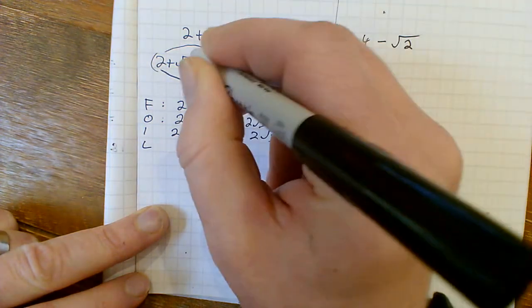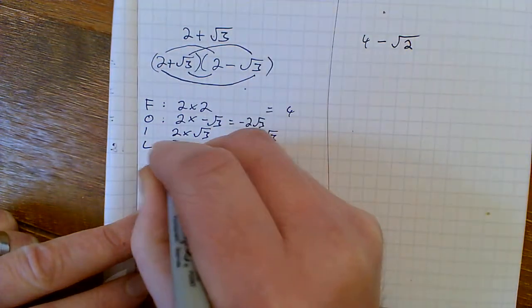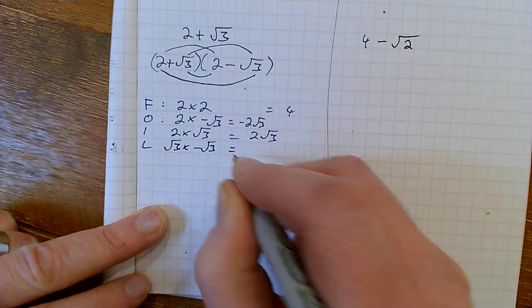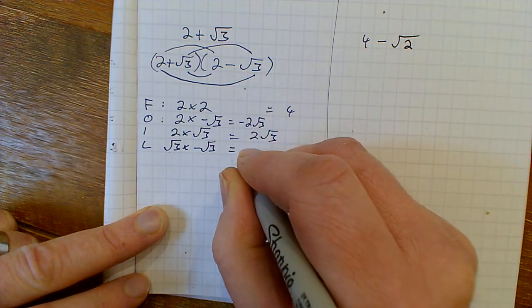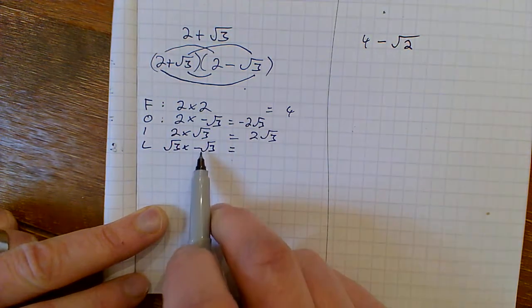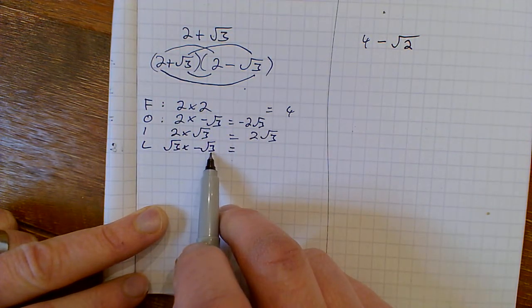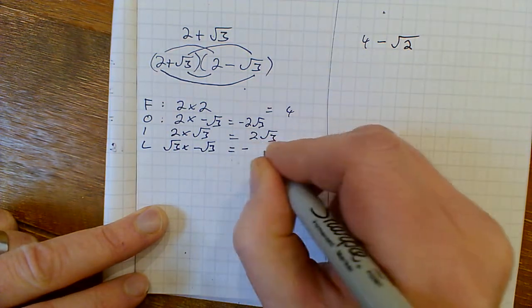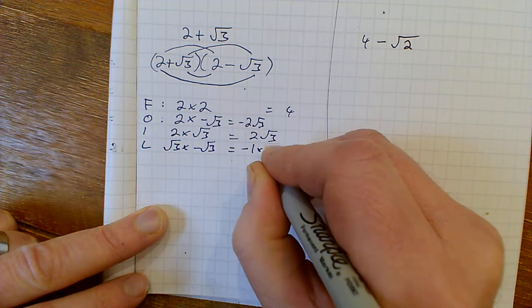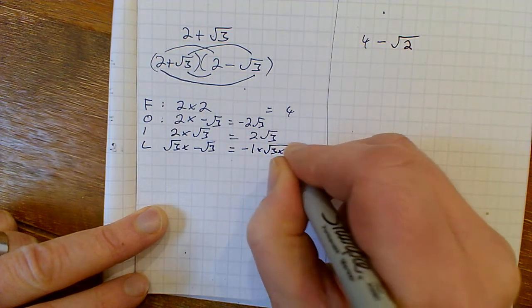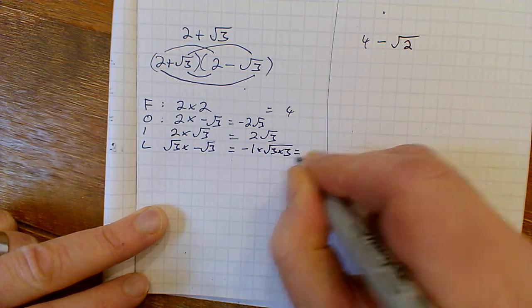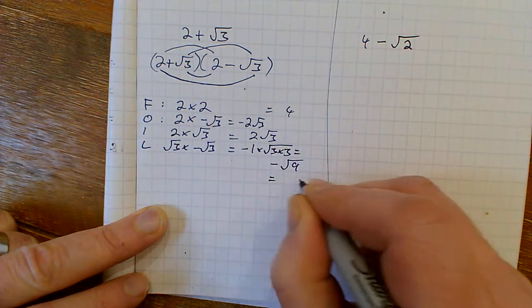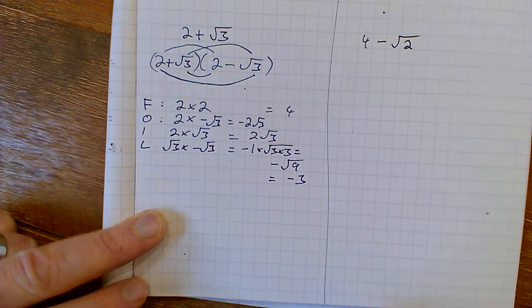And lasts, here look, root 3 multiplied by negative root 3 is the same as, now be careful, because here negative root 3 means negative 1 multiplied by root 3. So it's negative 1 multiplied by the square root of 3 times 3, which is negative root 9, which equals negative 3. So be careful with that.